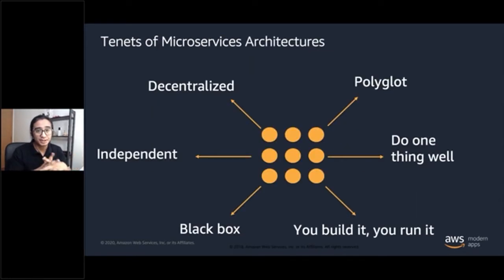So here are a few tenets of microservices. They are polyglot, which means that you can use different programming languages and frameworks to build your services. It's black box, which means that it abstracts away the complexities of each service. They are independent, so you can have multiple teams building different services.